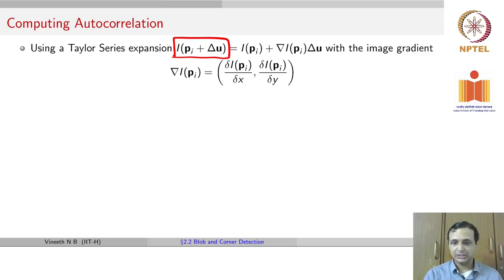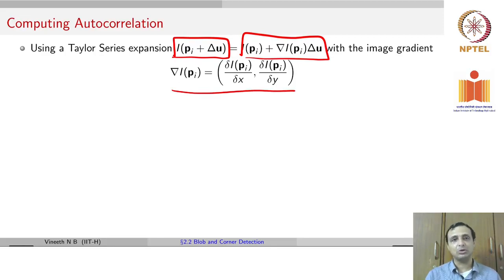From Taylor series expansion, you can write this as I of pi plus grad of I at pi times delta u, where grad of I at pi is the image gradient at that particular location: dou I at pi by dou x, comma, dou I at pi by dou y. We know how to compute the gradient, right? We've already seen that so far.